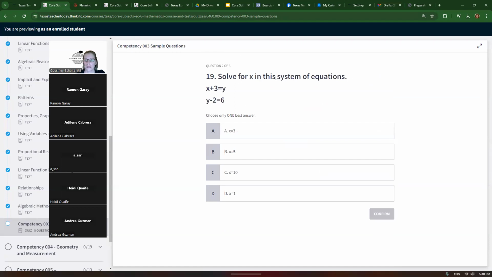Solve for x in this system of equations. So we did one like this tonight. First, we had to isolate x. Remember where we had to get x by itself and then plug in the value. So let's see if you guys can do that.